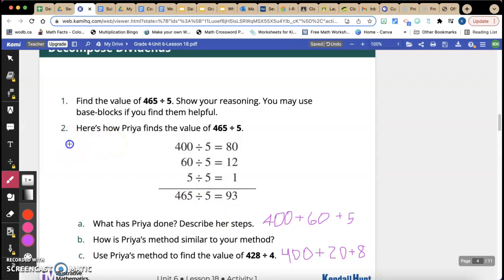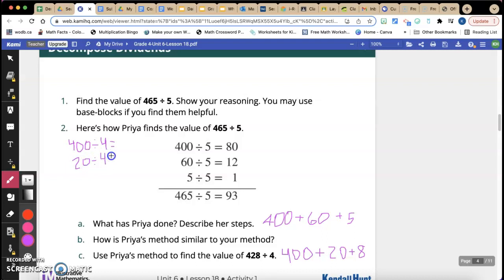So this is like saying 400 divided by 4. It's like saying 20 divided by 4.